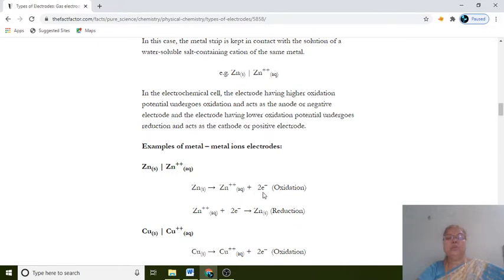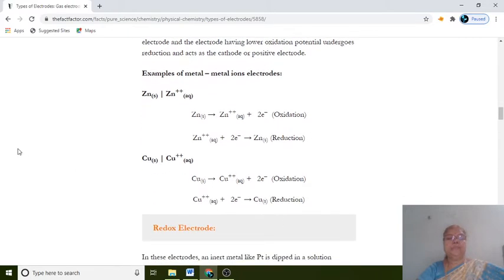Here the loss of electrons means oxidation, and the gain of electrons, that means when Zn++ ions pick up the 2 electrons, is the gain of electrons. This is the reduced state of the metal, and Zn++ is the oxidized state of the metal.